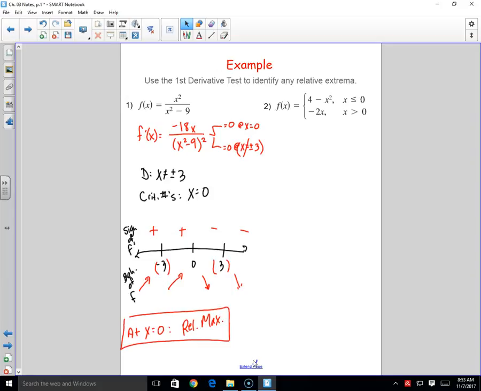Then we found relative mins and maxes, as long as we remember they can never occur at discontinuities. They can only occur at the break. Bye, cool kids. See you later.